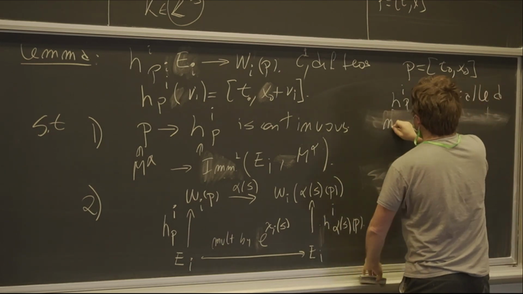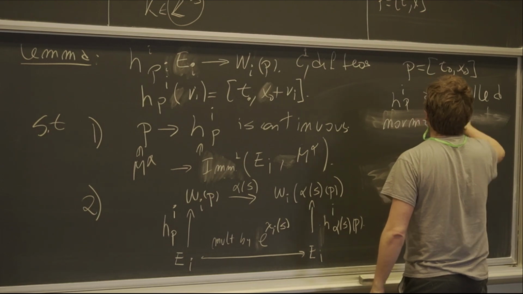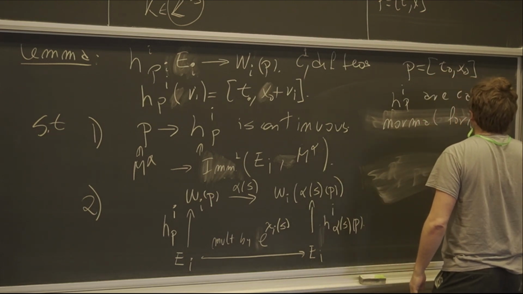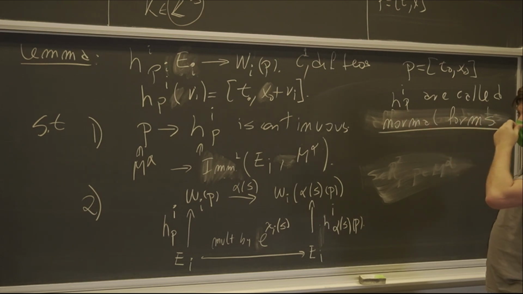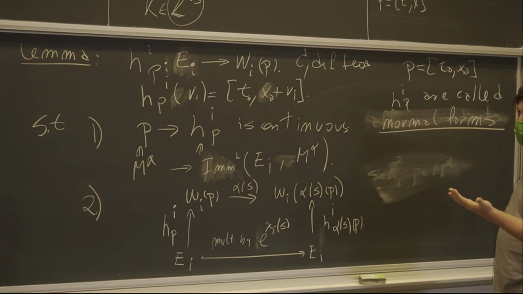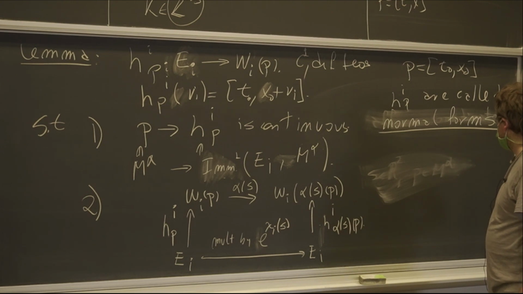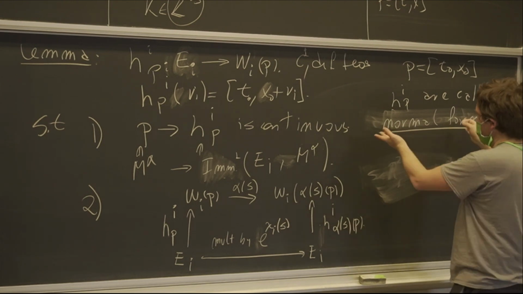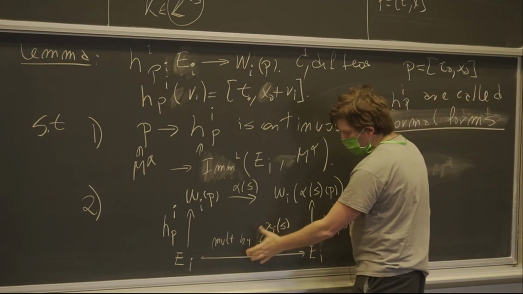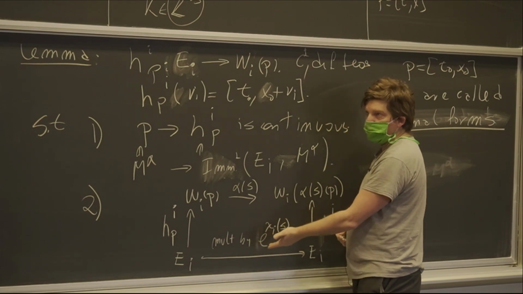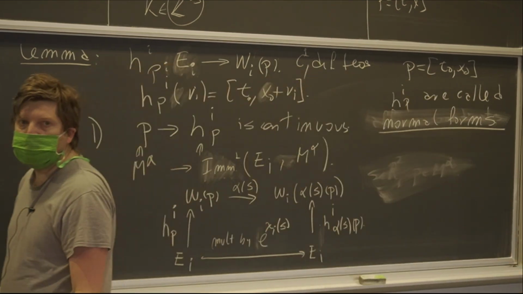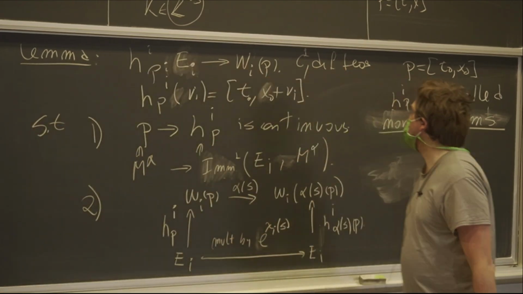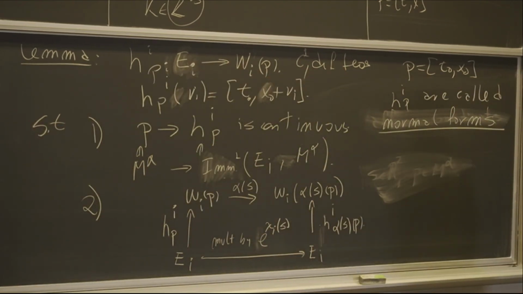So normal forms, and actually, due to the third condition that I will write down, they will be called also affine coordinates. But so far they are normal forms because they give a normal form to the dynamics, which is multiplication by a number. And the tangents of the WIPs will be precisely EIs.